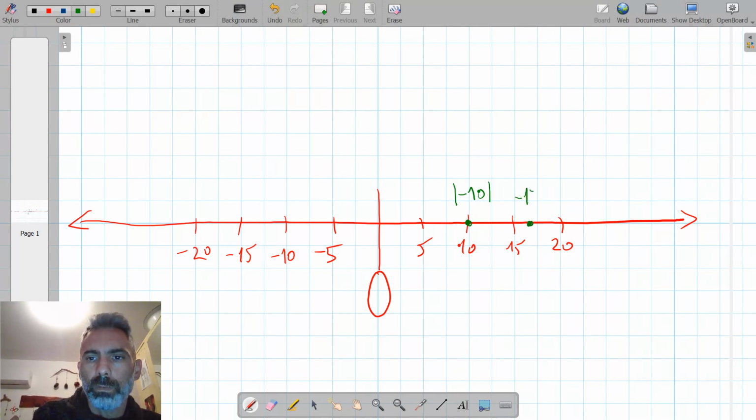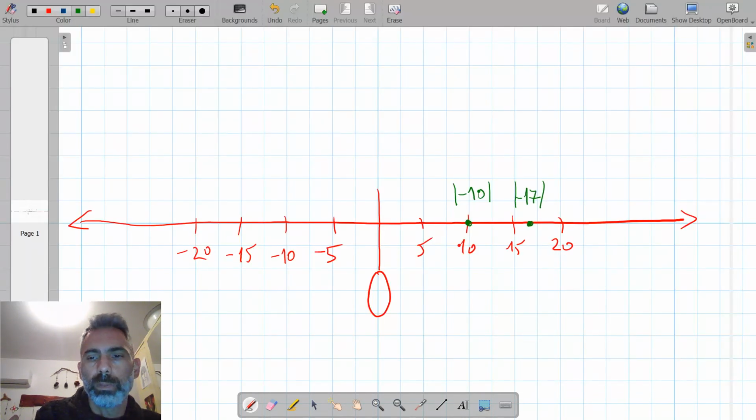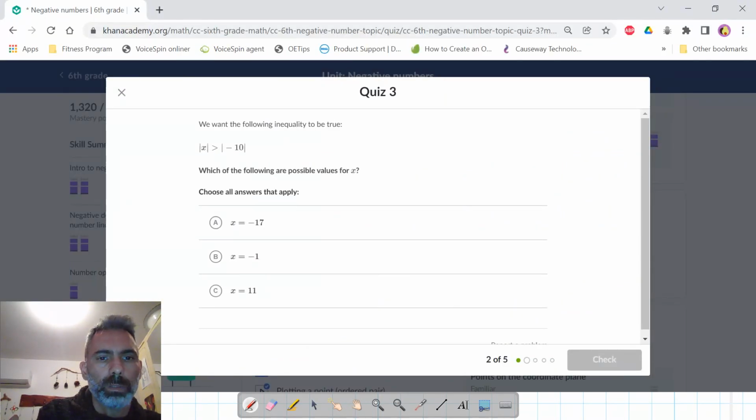The absolute value of 17 is indeed greater than the absolute value of 10 because it is to the right. So if x equals negative 17, then this expression is true. 17 is greater than the absolute value of negative 10, which is okay.